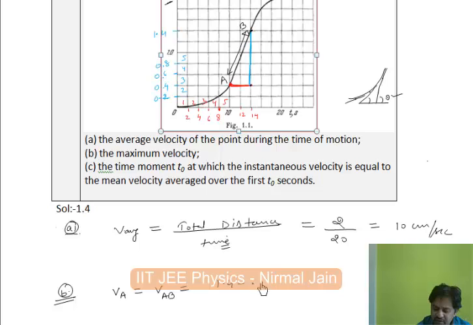So 1.4 meter was the final displacement and initial was 0.4, so this is the change in position. The time is 10 to 14 seconds, that is a 4 second duration. So 1 meter by 4 seconds is 0.25 meter per second. This is the maximum velocity. So this was the answer for part B.